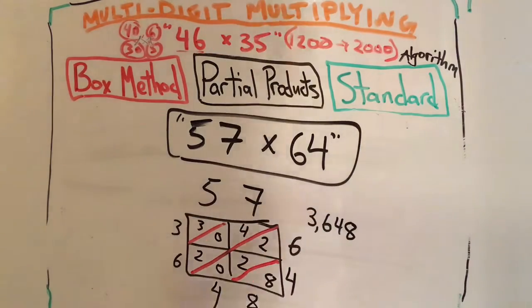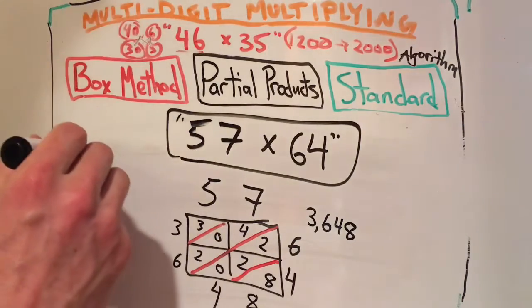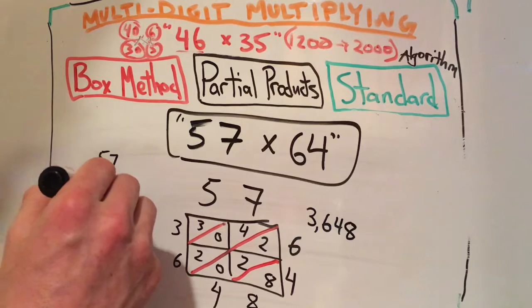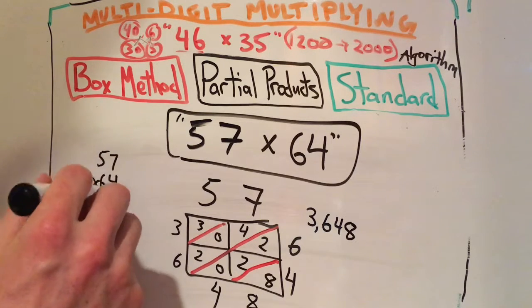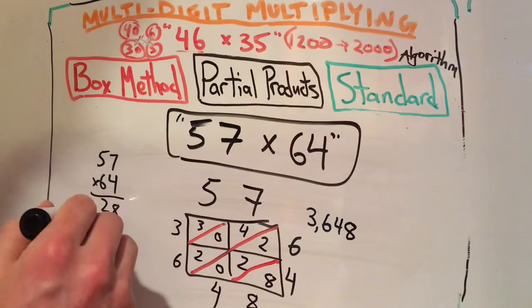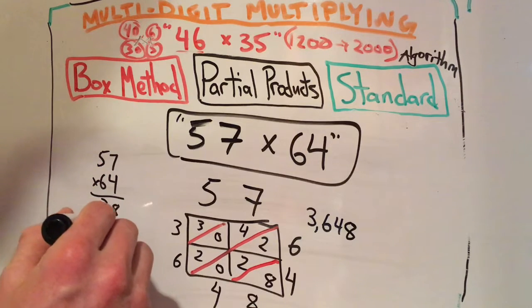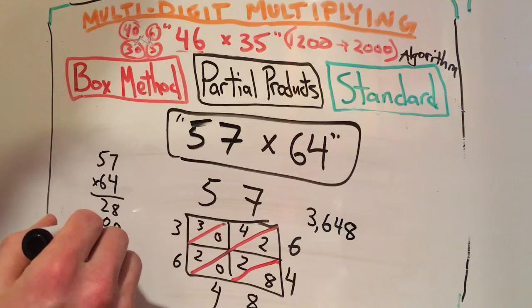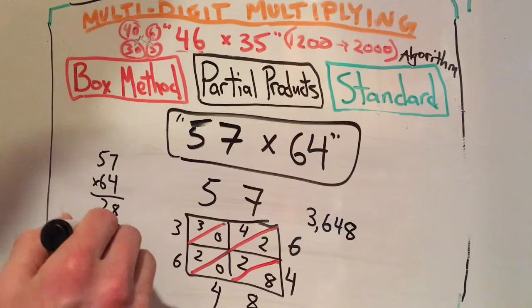3,648. Cool. If we want to check it with another strategy, 57 times 64. Let's see, we got 28 plus 200 is 50 times 4. Then 7 times 60 is 420.